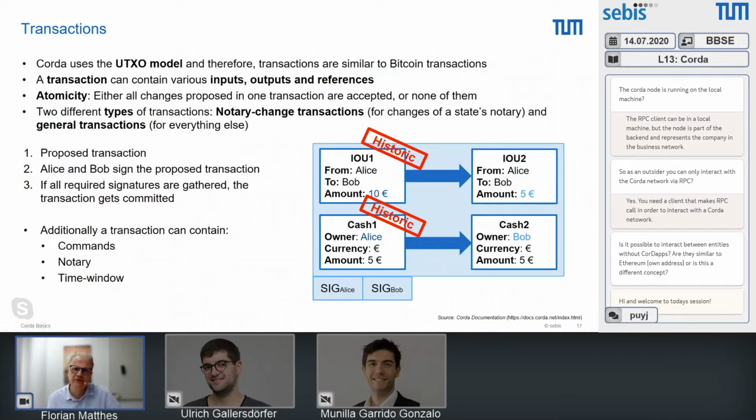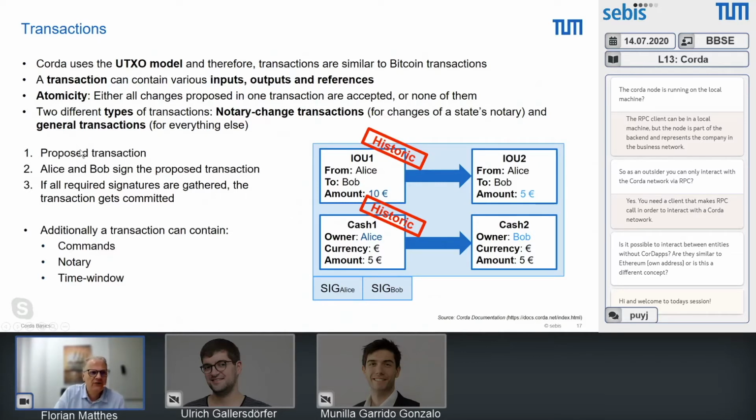This is a specific challenge, because these notaries are responsible for managing the consistency. So the shift of a notary is a specific kind of transaction, for which special restrictions apply. Okay, so we now focus on general transactions, because that would be sufficient if you work in one Corda network and you don't want to do cross-network and cross-vault transactions.